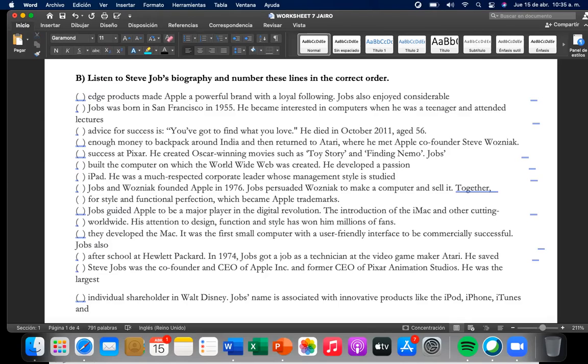Jobs also enjoyed considerable success at Pixar. He created Oscar-winning movies such as Toy Story and Finding Nemo. Jobs' advice for success is, you've got to find what you love. He died in October 2011, aged 56. Okay, very good. Thank you very much. That was very good.